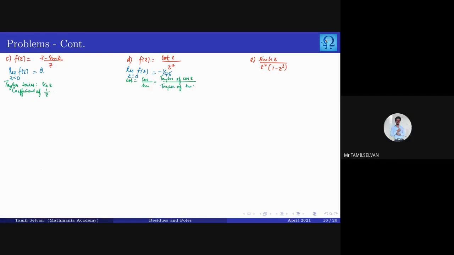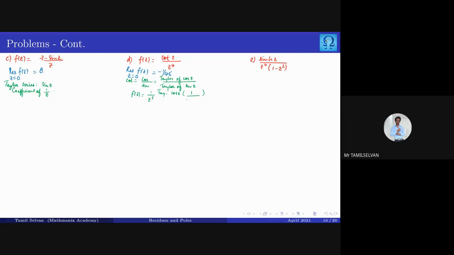Okay. So first of all, you will have to express cot in terms of cosine and sine and give the respective series expansions. Your sine series will have z in all the terms. So you can take that z outside. So finally your f of z would be 1 upon z to the power 5 and Taylor series expansion of cosine z multiplied with 1 upon the series expansion of sine z divided by z.